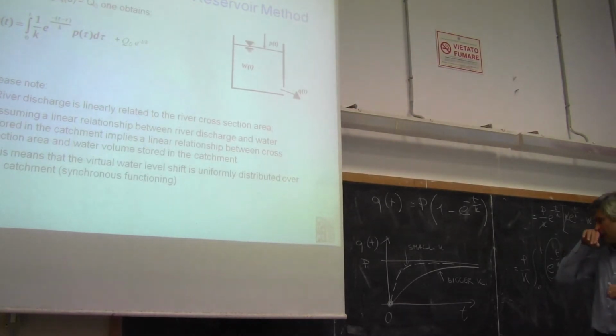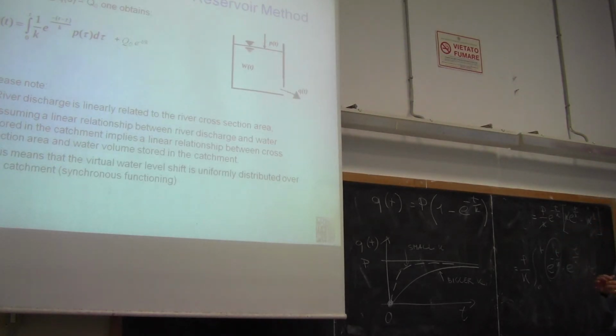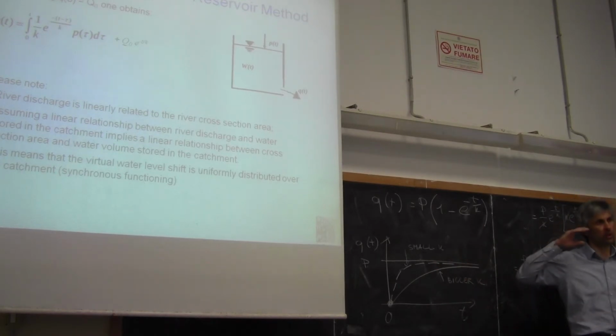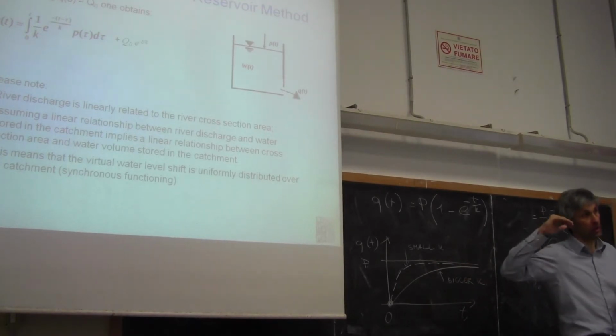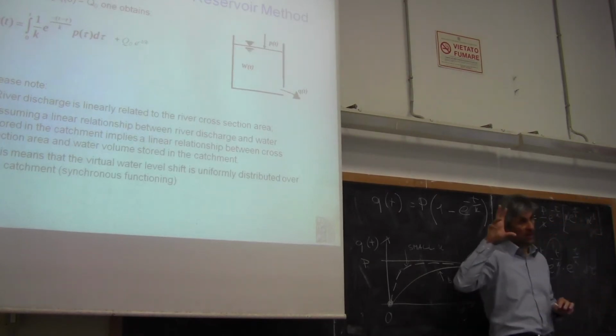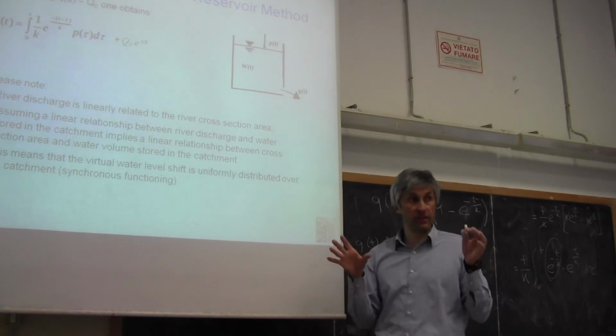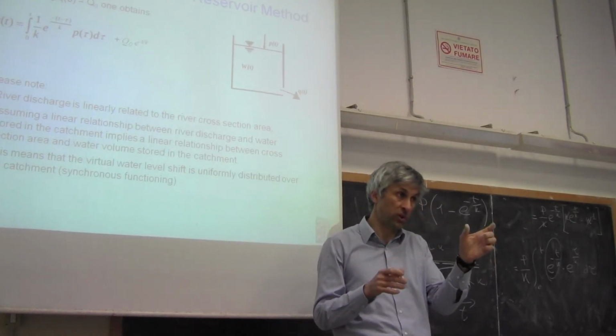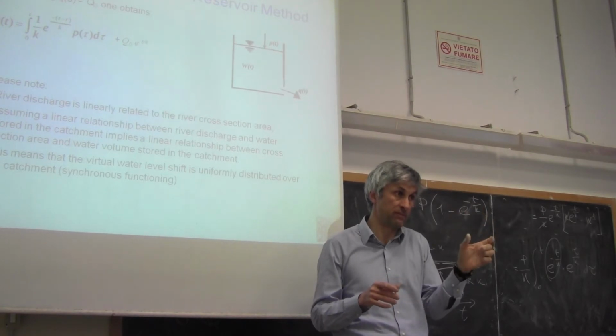Perfect. Now, another thing I wanted to tell you, keep in mind this behavior. Any catchment, for long and constant rainfall, tends to deliver a river discharge that is very close to the volume of rainfall per unit time.